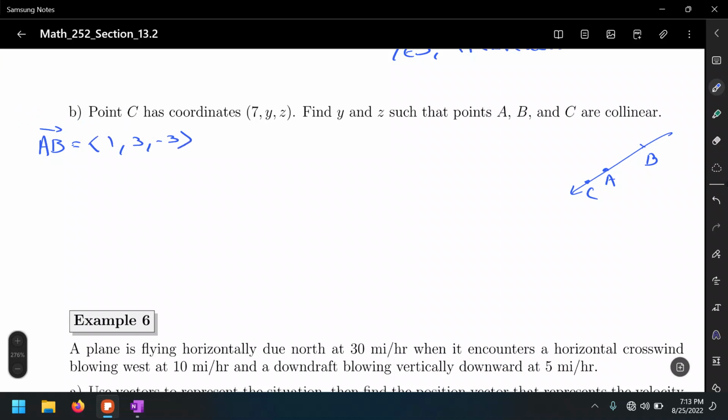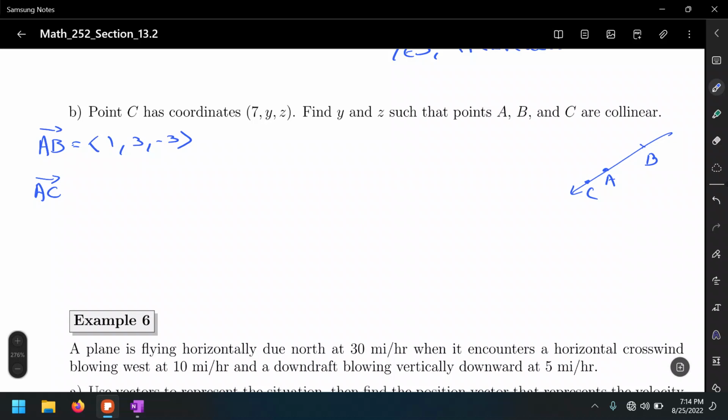We want to determine whether the second vector, which contains the points A and C, is a multiple of the vector AB. But how are we going to know if we have no idea about the point C, which is 7 and then arbitrary values of y and z?